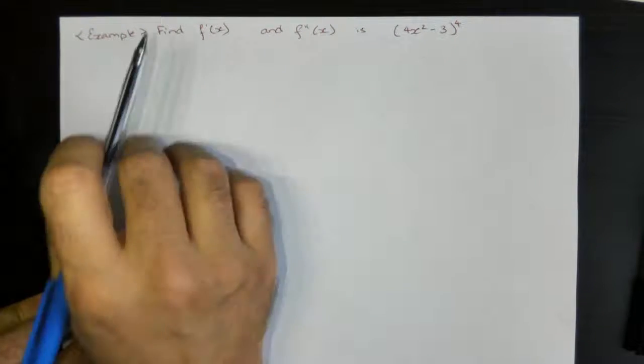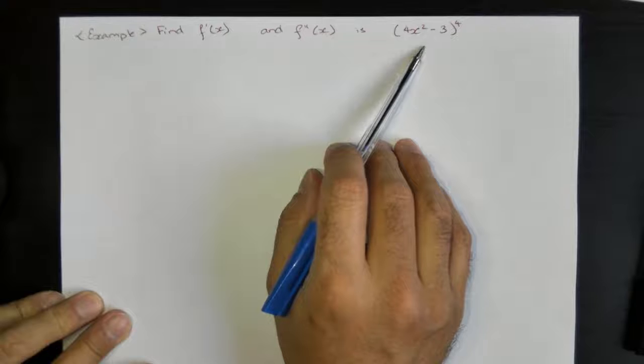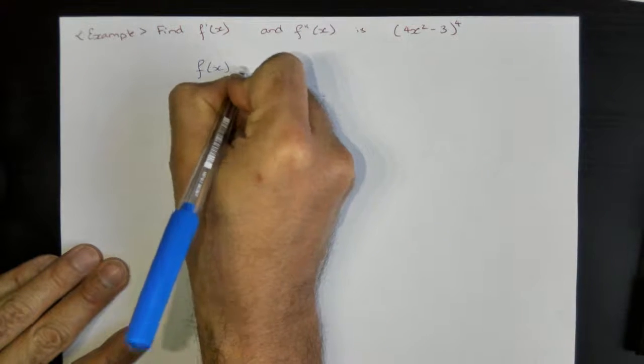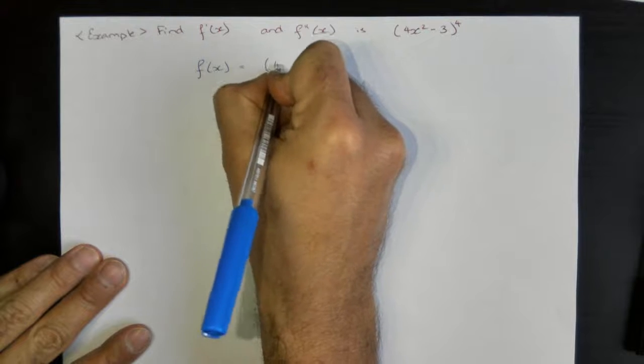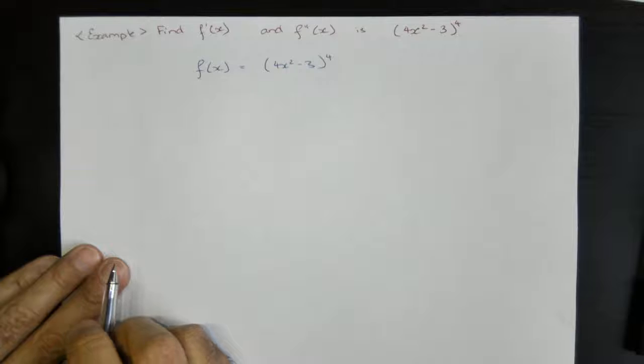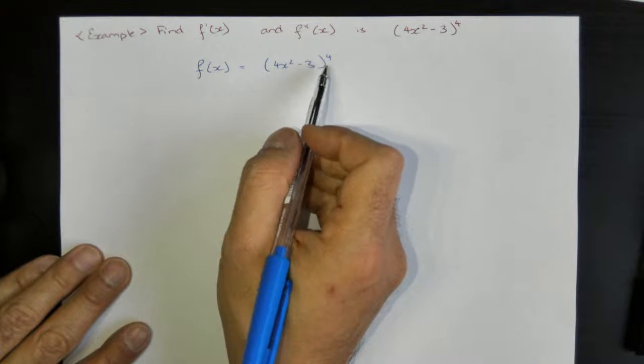Let's look at another example. So we want to find f dash and f double dash if we have this. All right, so f of x is equal to 4x squared minus 3, all to the power of 4. Now, obviously, this is going to be the chain rule.